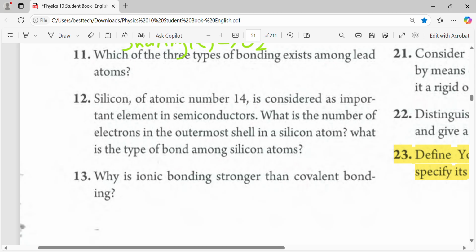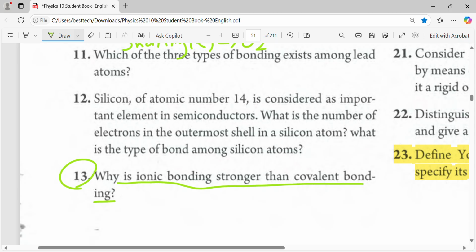Question 13. Why is ionic bonding stronger than covalent bond? Why are the bonds of ionic bond stronger than the covalent bond? Guys, because the energy of the ionic bond is much more than the energy of the covalent bond.